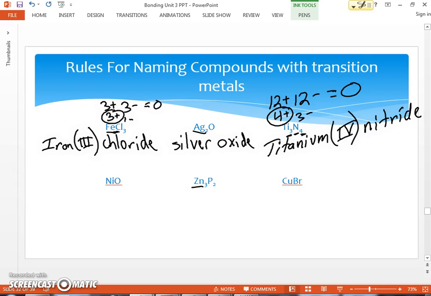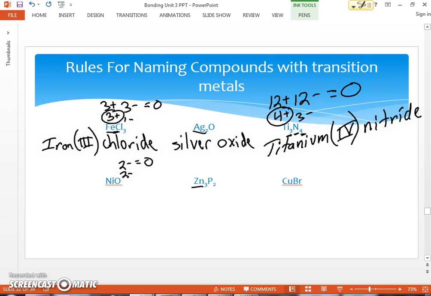Next one, NiO. Well, transition metal, Ni, nickel, and it's not silver and it's not zinc, so it has Roman numerals. So I've got to use my clues here. Well, oxygen, based off its location on the periodic table, is always a 2-, and so total, I only have 1 of them, it's a 2-.